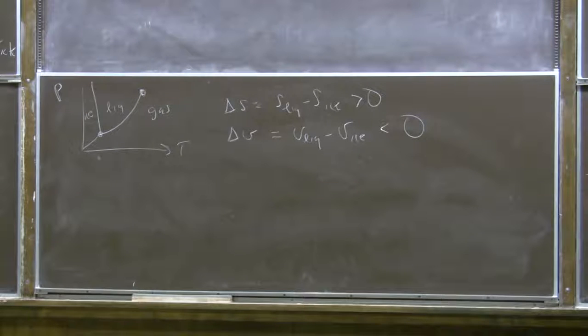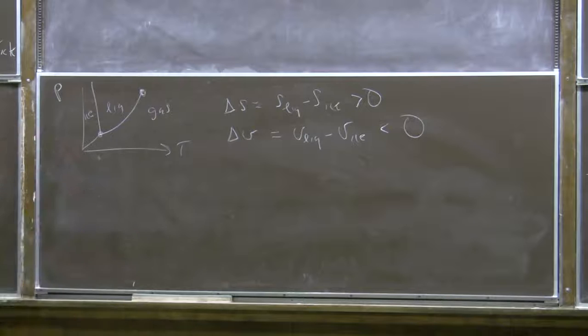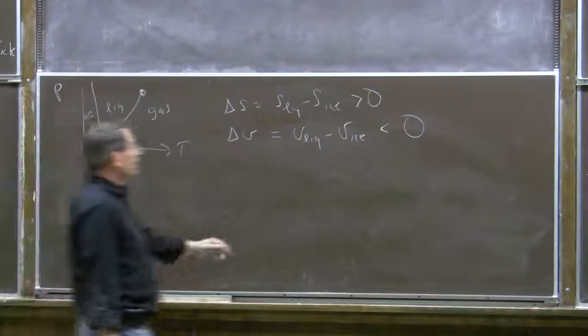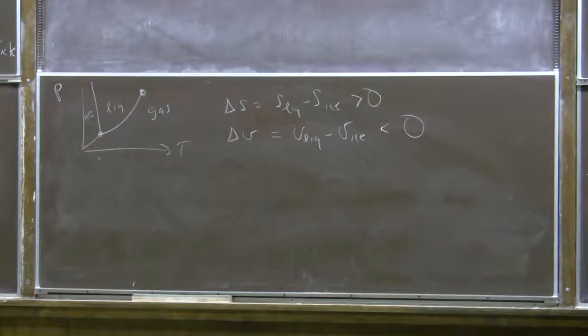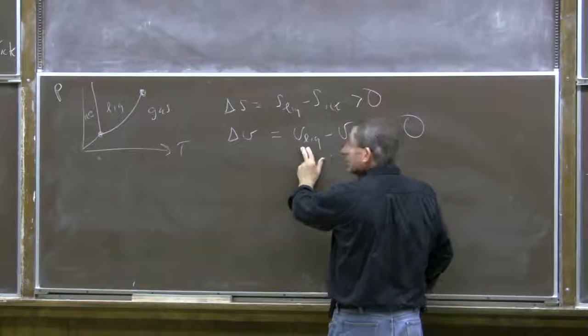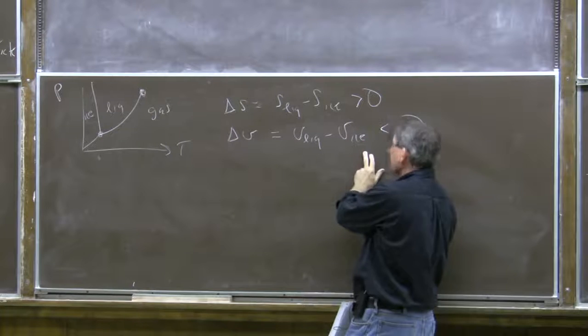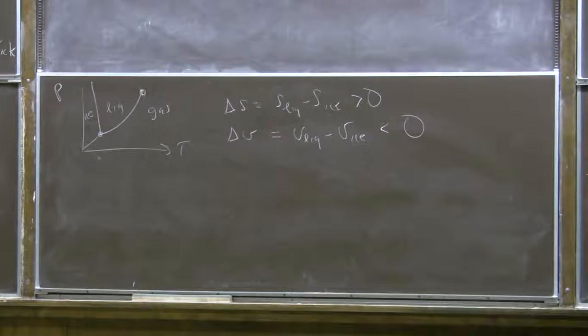Remember what happened to Leo and Kate? Because the iceberg was floating on the ocean. Ice floats, so it actually has a lower density than the liquid. And so the volume per particle of the liquid is smaller than the volume per particle of the ice, and the difference is negative.